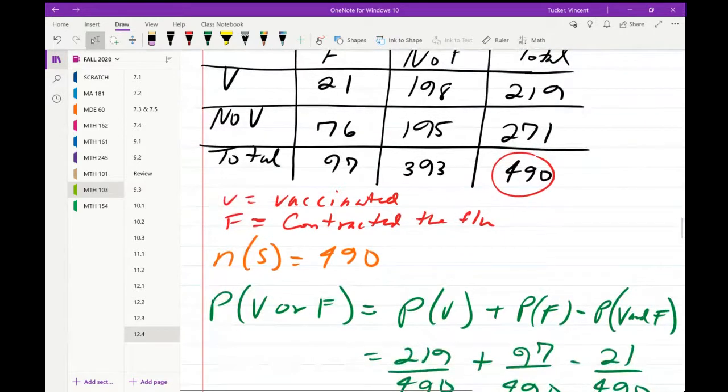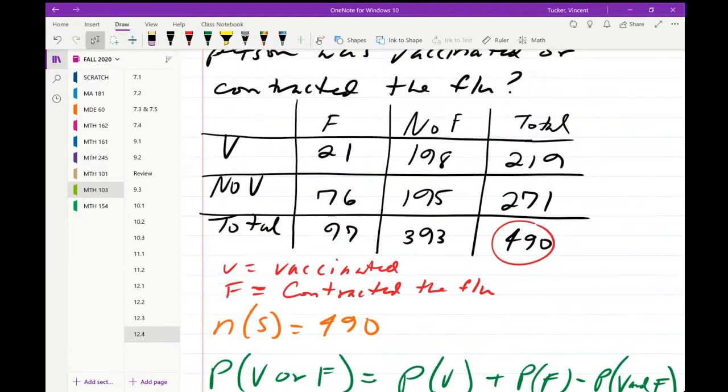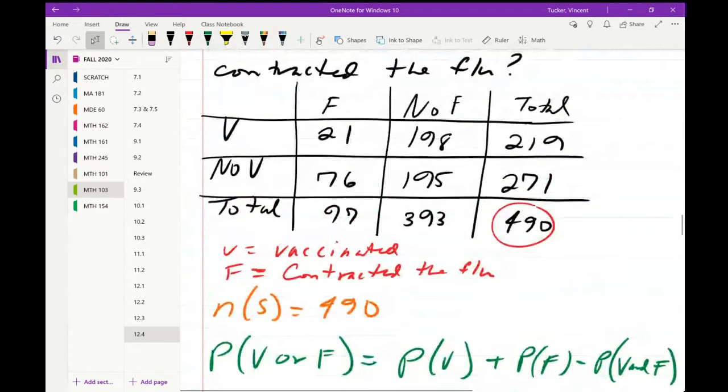So now I want to figure out the probability of selecting someone who was vaccinated or contracted the flu. So I need the probability of vaccinated people, the probability of flu contracted people, then I need to subtract what they have in common. So the 490 is going to be on the bottom of each. So we look at 219.